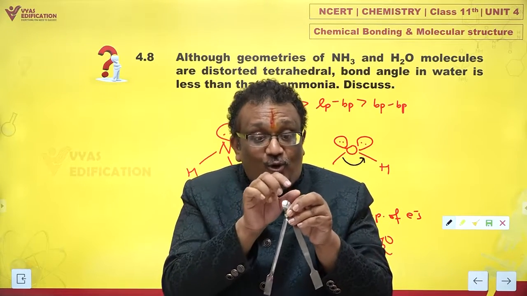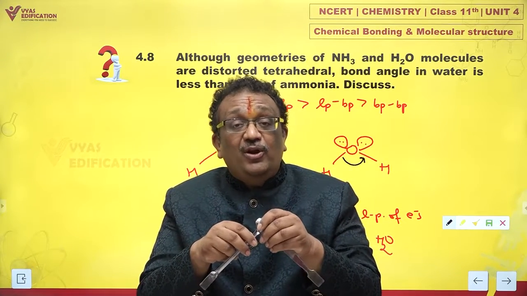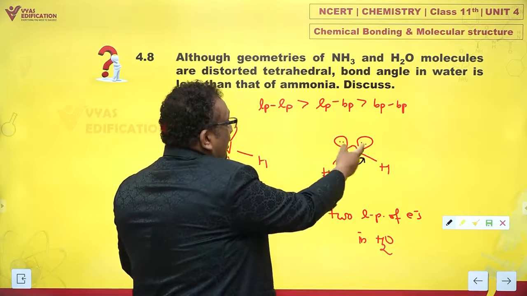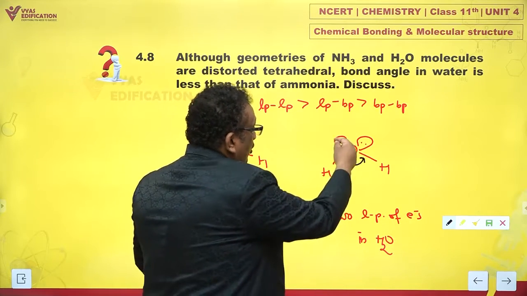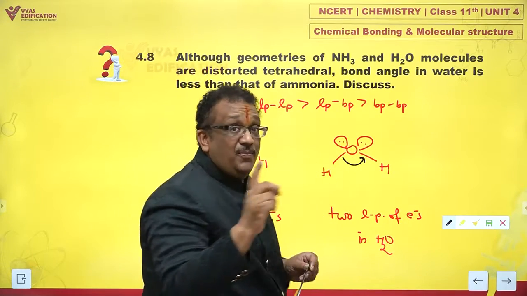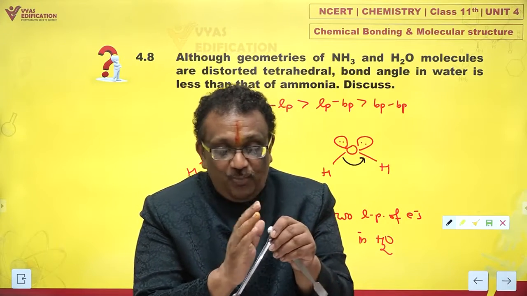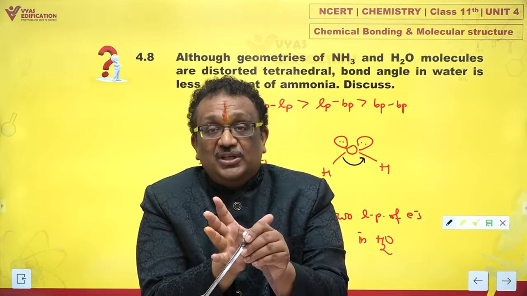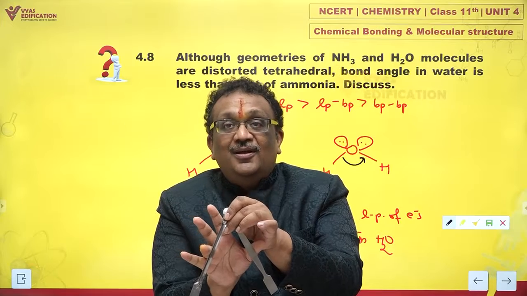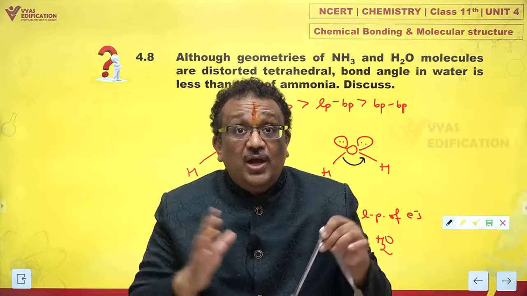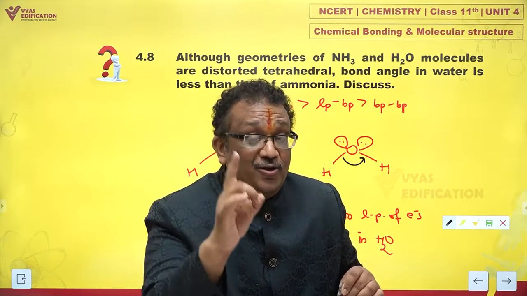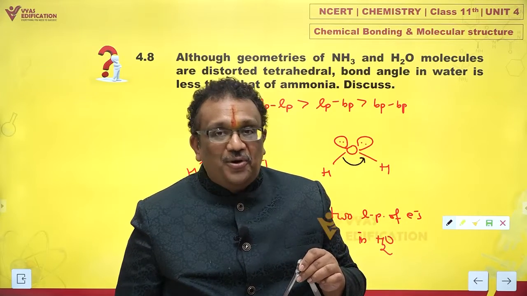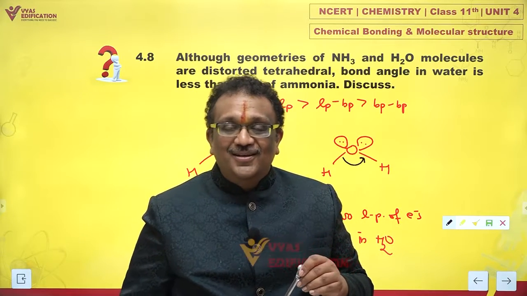So greater the lone pairs, because of greater repulsion between lone pair and lone pair, greater LP repulsion, and lone pairs and bonded pairs do not repel as much. So lone pairs, in their bid to go away from each other, will push the hydrogen atoms together, thereby reducing the HOH bond angle. Right? So what do we write?